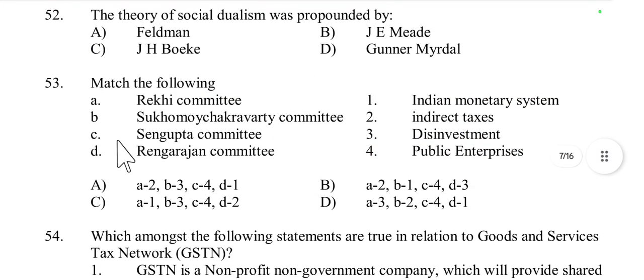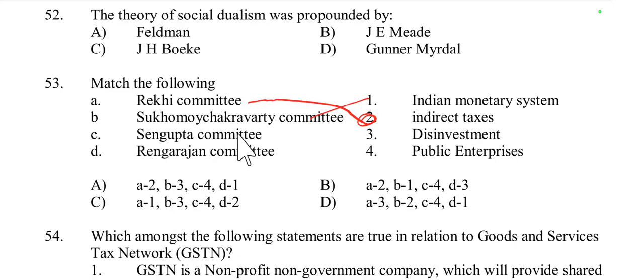Then question number 53, match the following: Rekhi committee, Sukhamoy Chakravarty committee, Sengupta committee, Rangarajan committee. The Rekhi committee is related to indirect taxes. The Sukhamoy Chakravarty committee is related to the Indian monetary system.